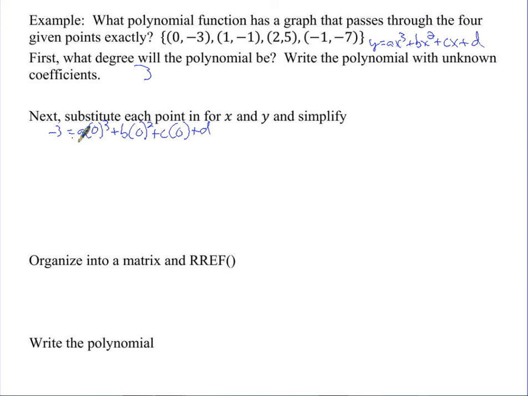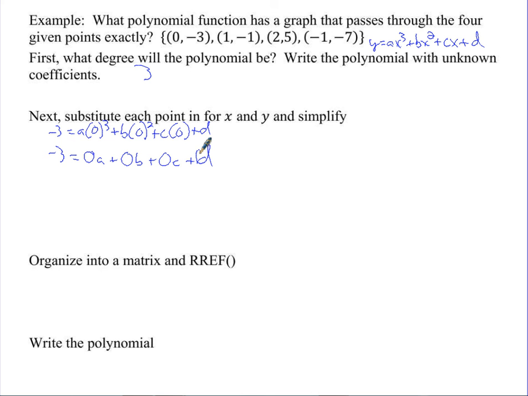Which means this equation turns into negative 3 equals, basically, 0a plus 0b plus 0c plus d, 1d. You don't have to write the zeros in, but you're going to enter them into a matrix, and what I'm doing right now is creating all the columns for a matrix.